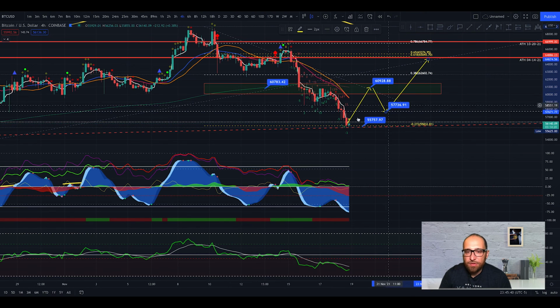This will be the perfect scenario for this weekend and start the new week like bullish.